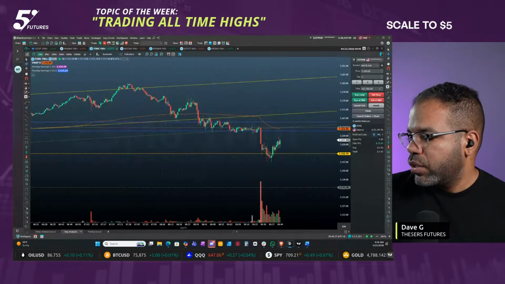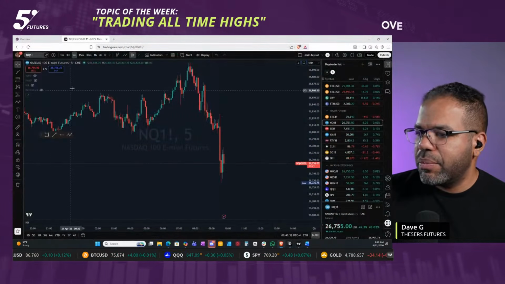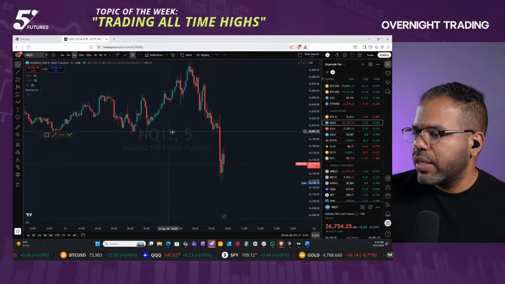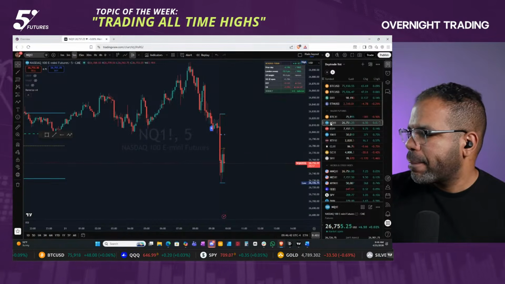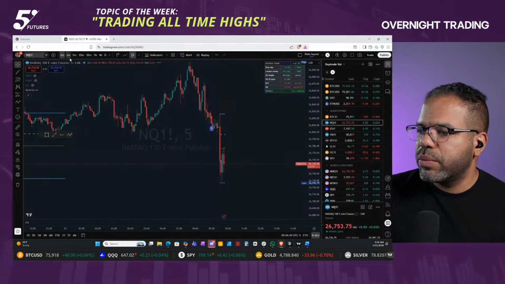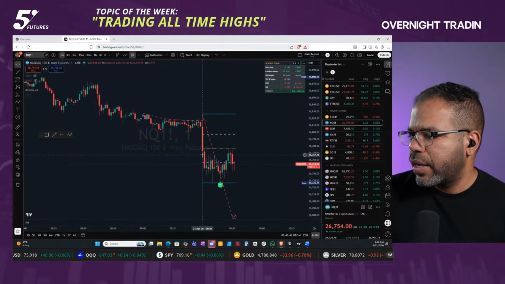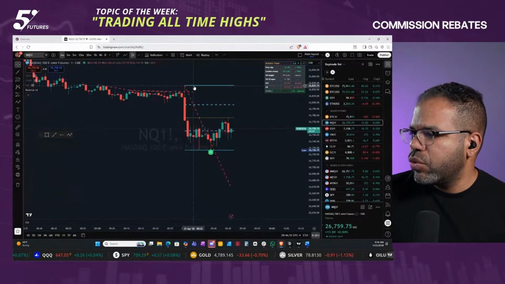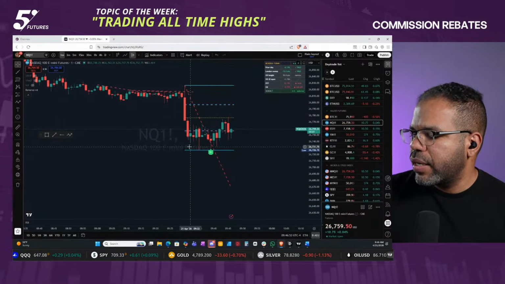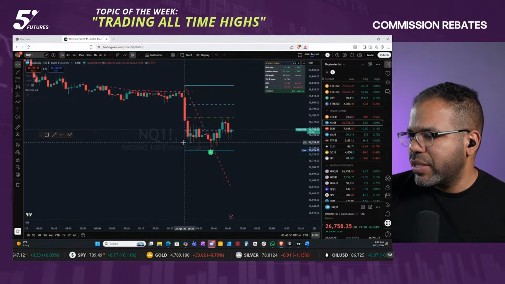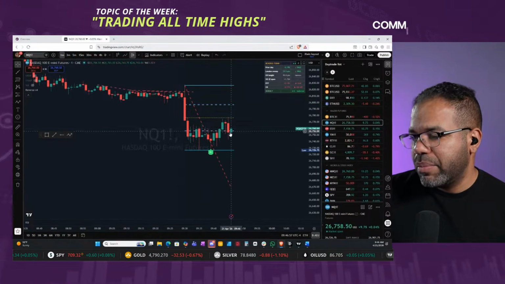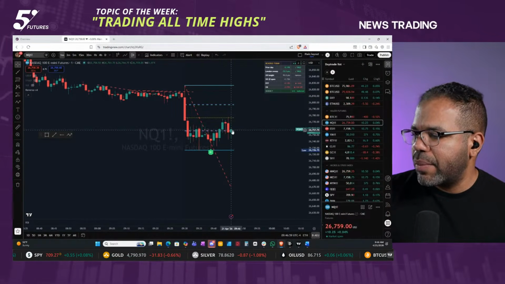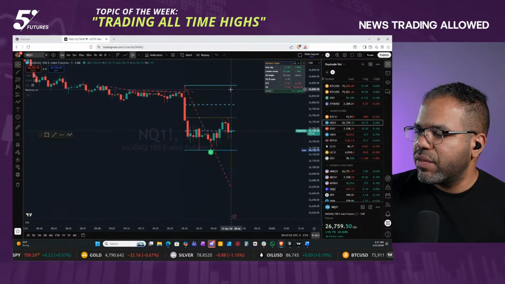So let me just show you. You're probably going to see it better here with the indicator. Let's go in the NQ. Let's put it on 1 minute. All right, so our range is these two blue lines here. A possible setup could be to buy it, like we just said, because we're at the bottom of the range, for a retest of those highs.